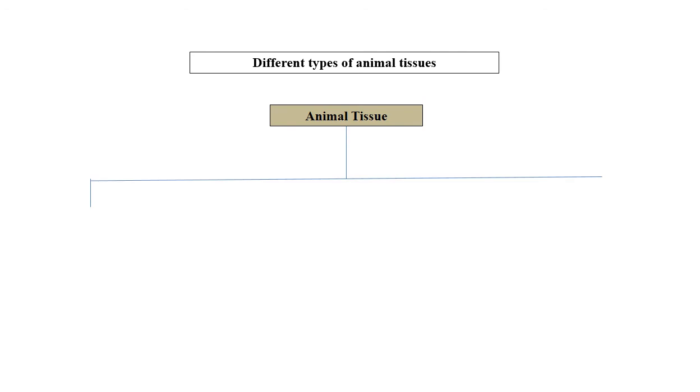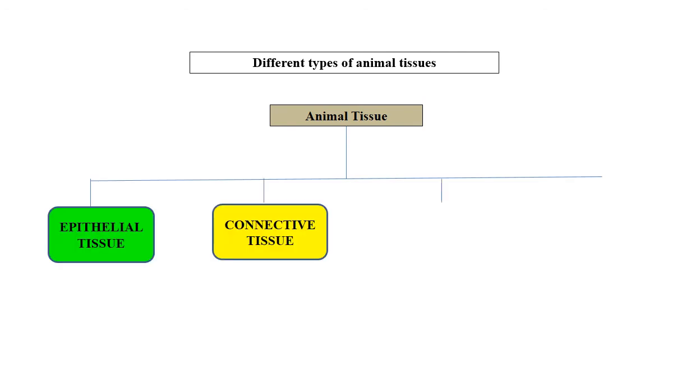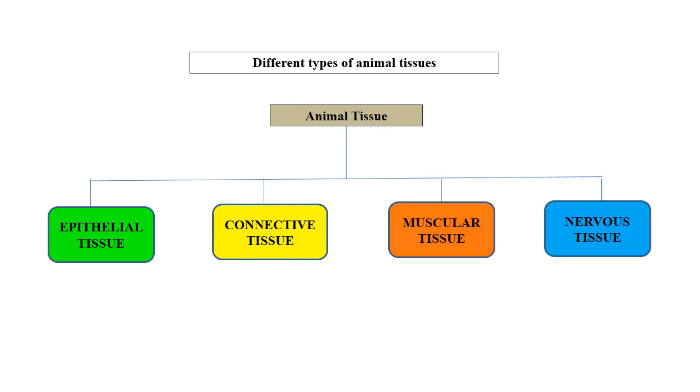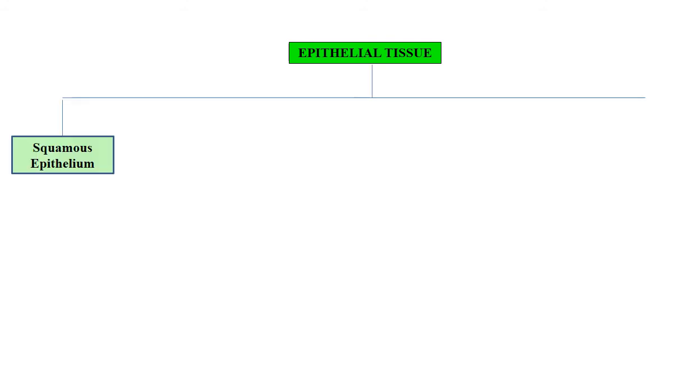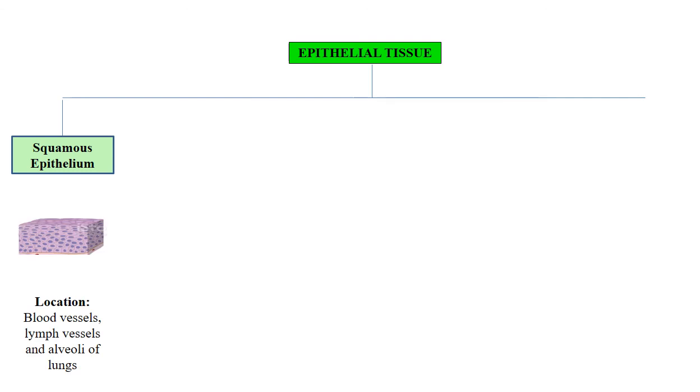Let's see the different types of animal tissues. Animal tissues can be classified as epithelial tissue, connective tissue, muscular tissue and nervous tissue. Epithelial tissue is classified as squamous epithelium, location: blood vessels, lymph vessels and alveoli of lungs.